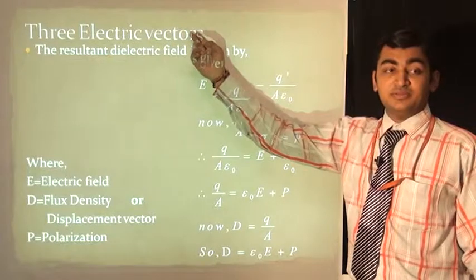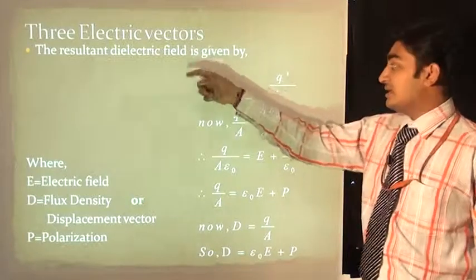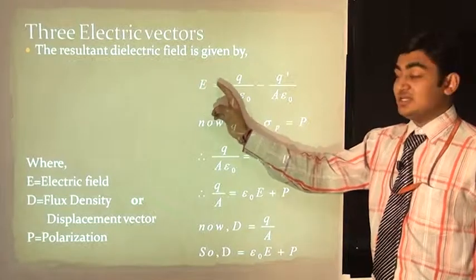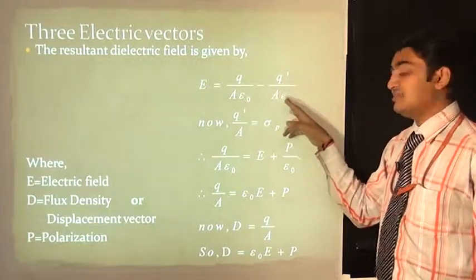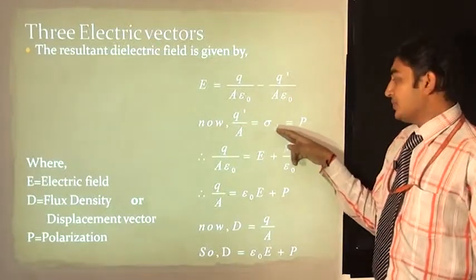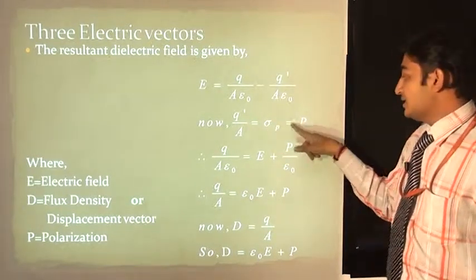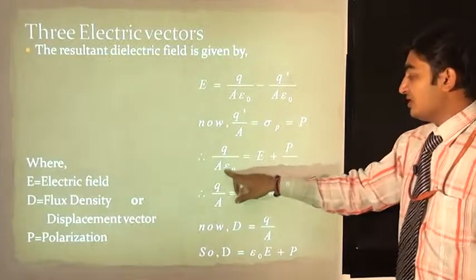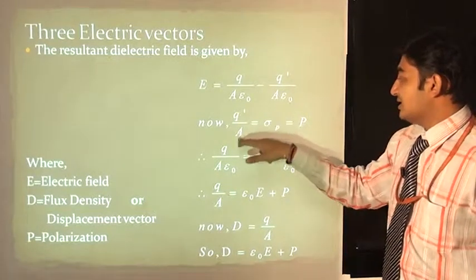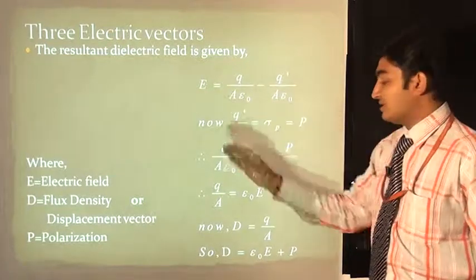The relation between electric field, polarization and dipole moment follows these steps. First, the electric field is equal to q by Aε0 minus q dash divided by Aε0. Now q dash divided by A is equal to sigma p, the polarization surface charge density, which is equal to polarization P. Therefore q divided by Aε0 is equal to E plus P divided by ε0.